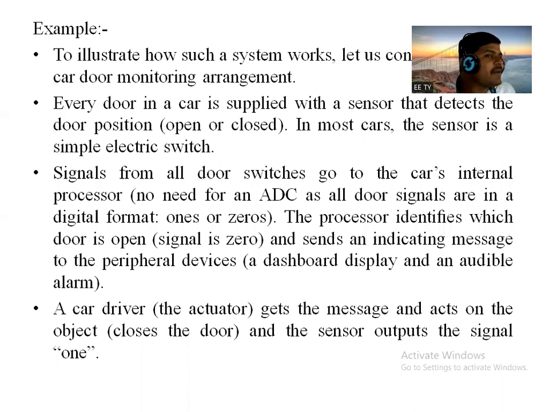So a similar example, the window or glass of the car can be opened or closed. So there is an actuator, no? Each and every glass is equipped with a motor, right? So like that. That means the door can be closed automatically.